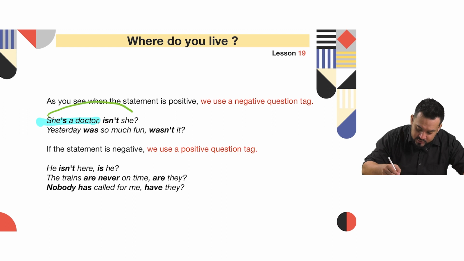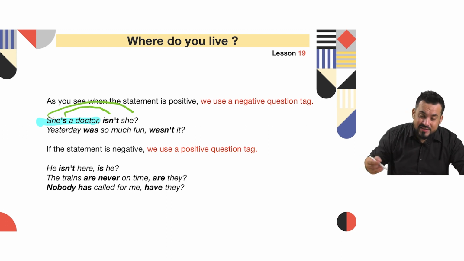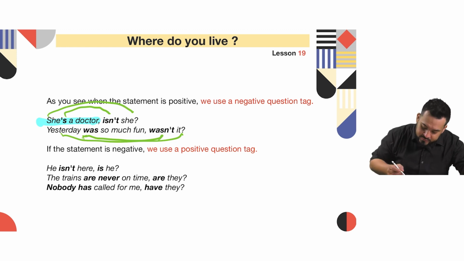We have she, is, isn't. Yesterday was so much fun, wasn't it? Yesterday, it, non-living. Was, wasn't. He isn't here, is he? Isn't, is. He.